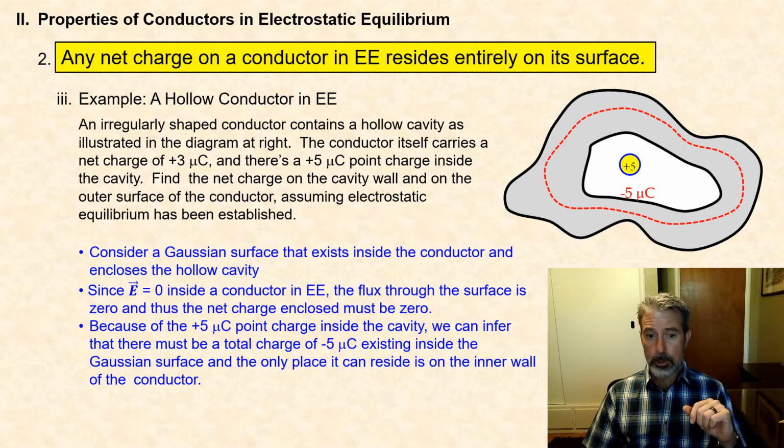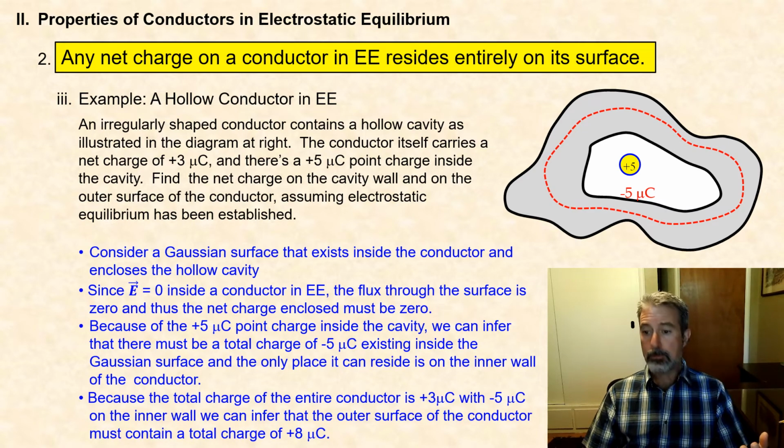So, given this, and the fact that we know that the total charge of the entire conductor is positive 3 microcoulombs, and I say the total charge of the entire conductor, that is a conductor, not the point charge in that cavity, that is separate.